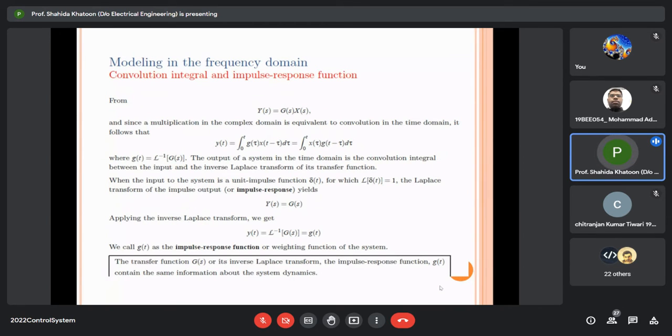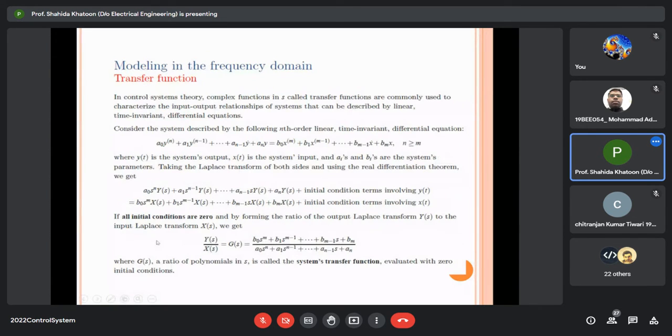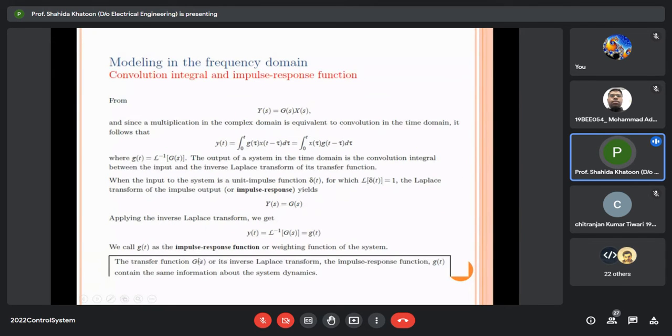You know the convolution integral and impulse response relationship. If you write this from the previous expression, you can write Y(s) is equal to G(s) into X(s). That's what I have written here.